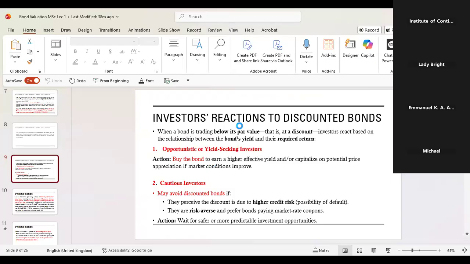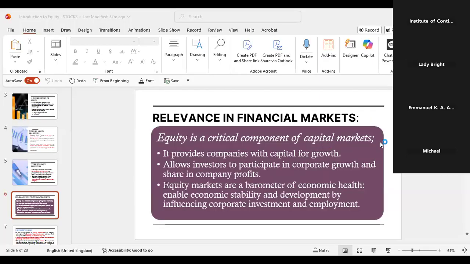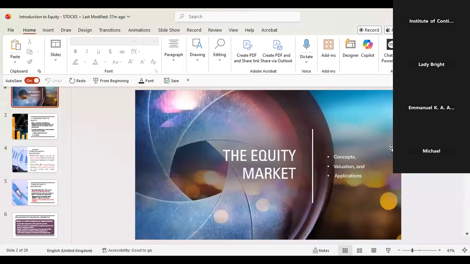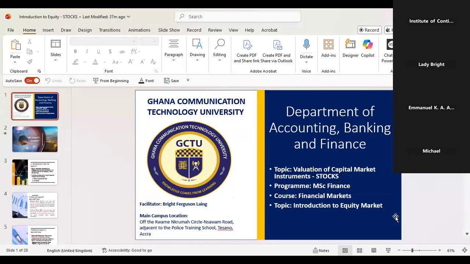Then we move into today's topic. Today's topic is on equities.